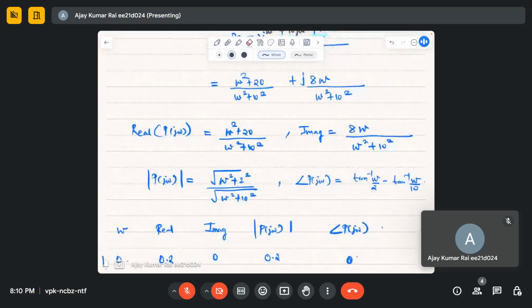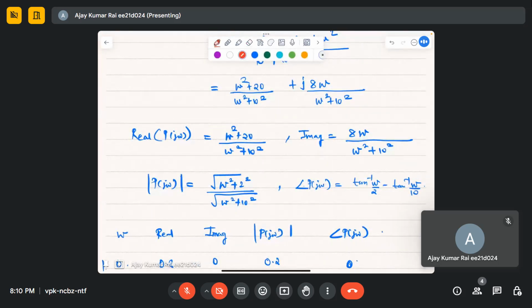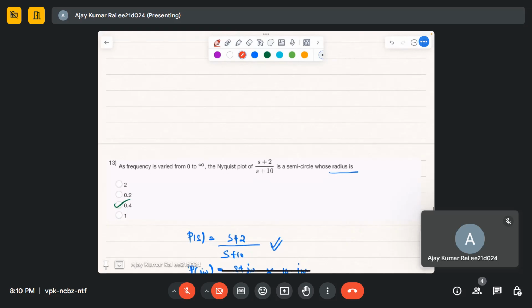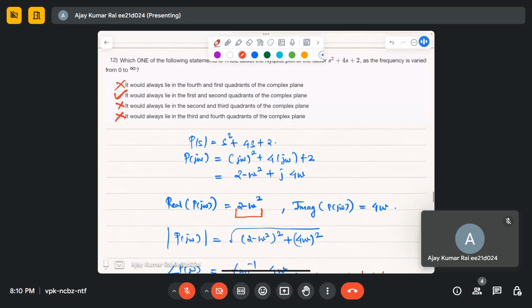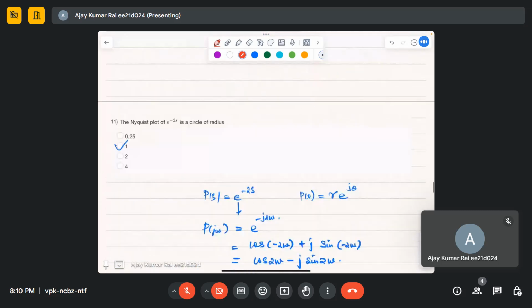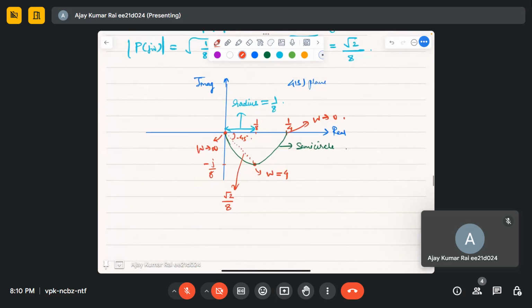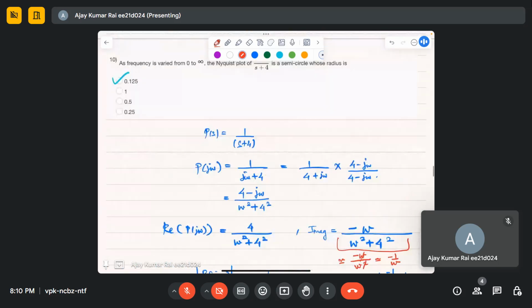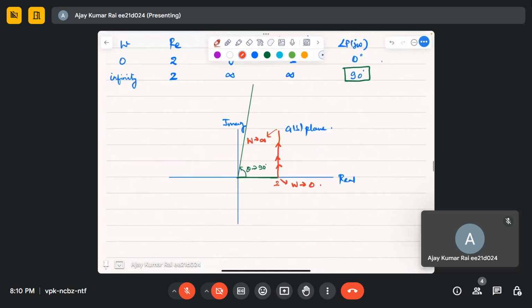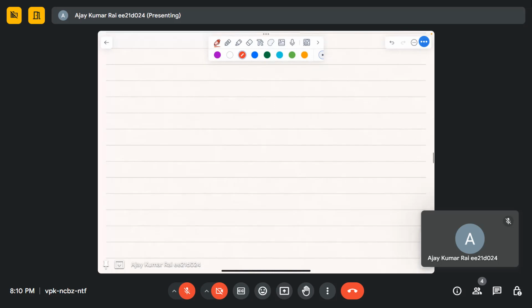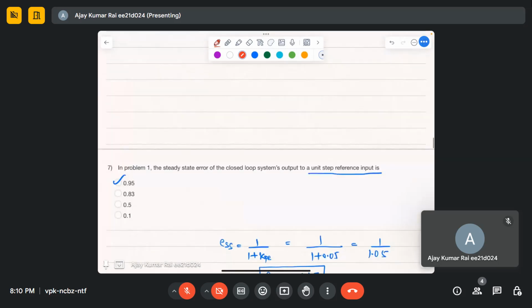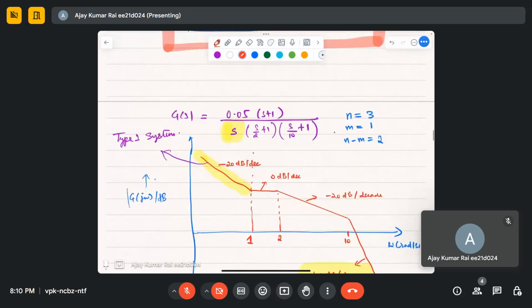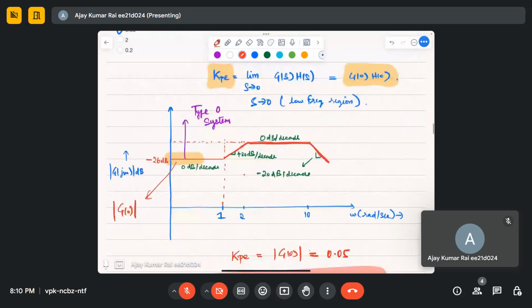Any doubt for any question that is discussed today? Mostly it's Nyquist plots that we have covered, for the known functions, and Bode plots.